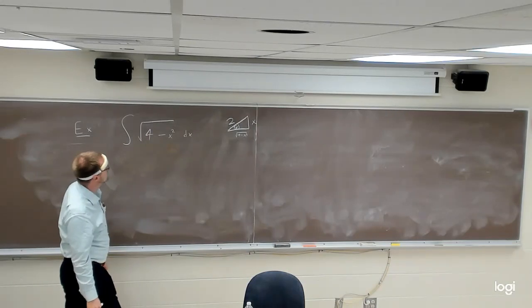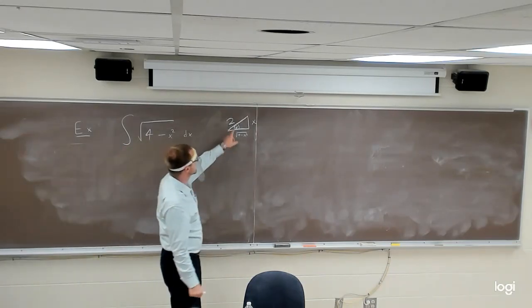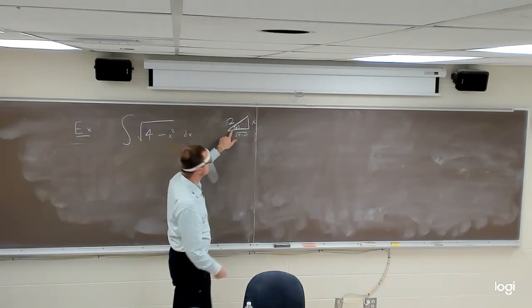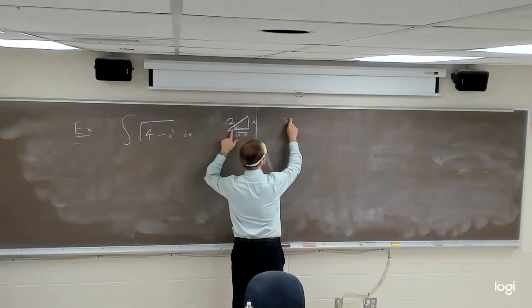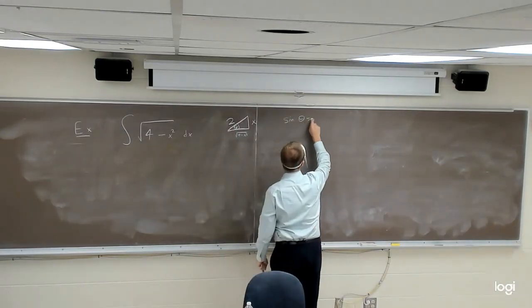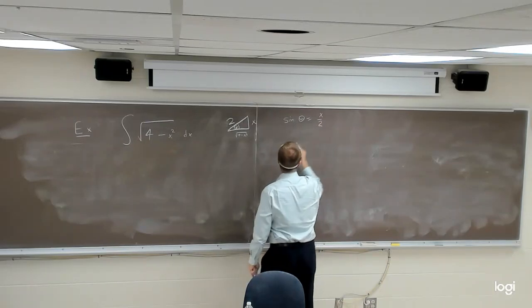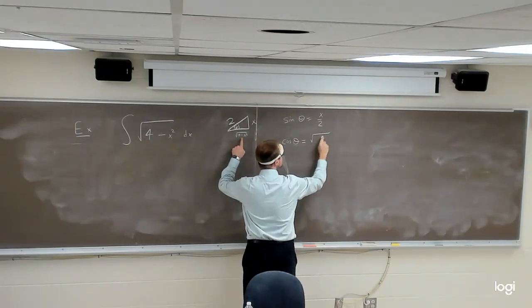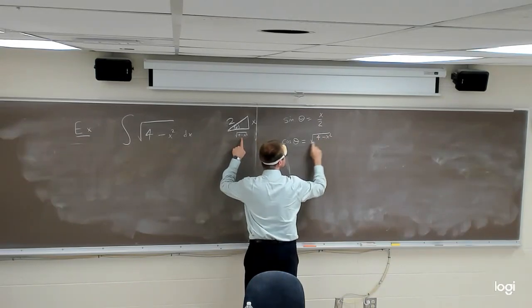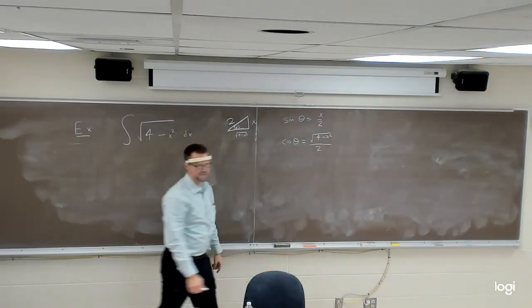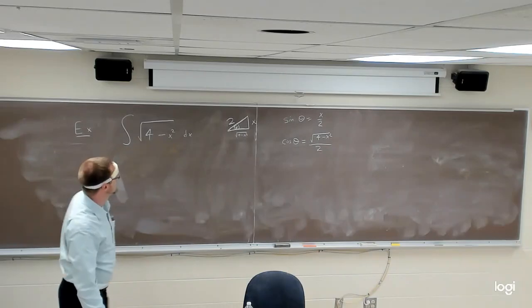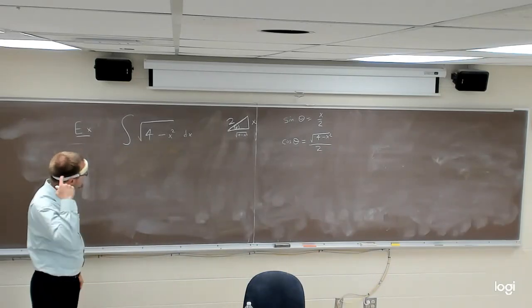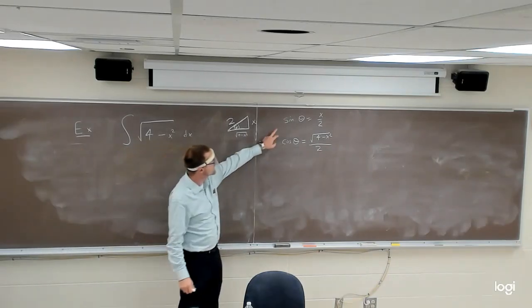So if I start thinking about the trig ratios associated with theta, I can see that the sine of theta is x over 2. And the cosine of theta is square root of 4 minus x squared over 2. I could write down all 6 if I wanted to, but there's a particular reason to be interested in these two.